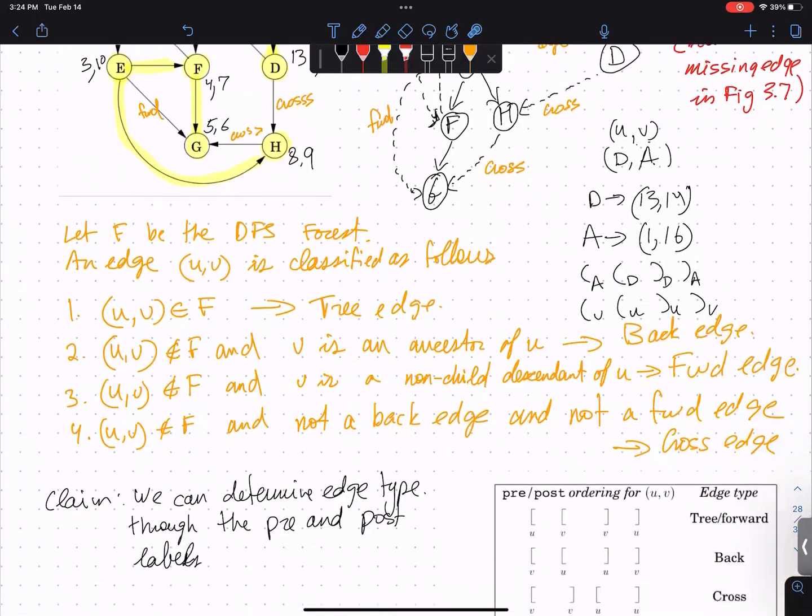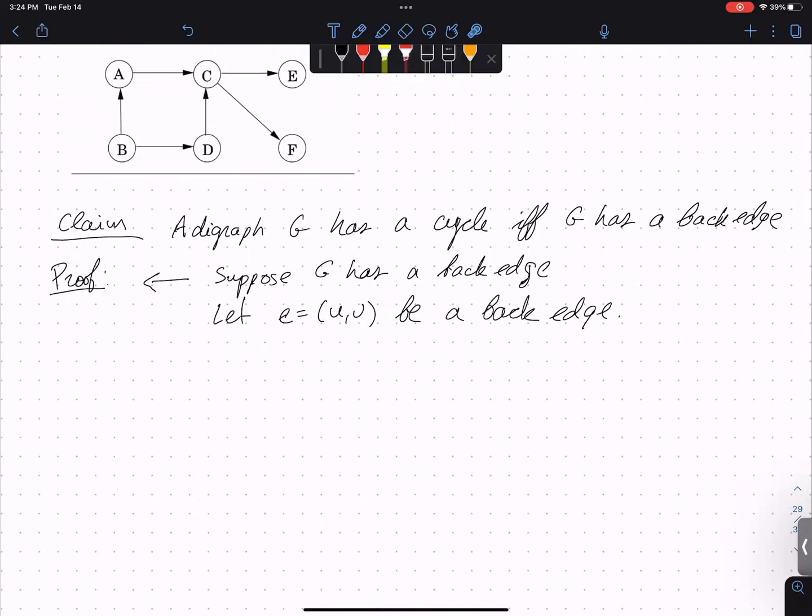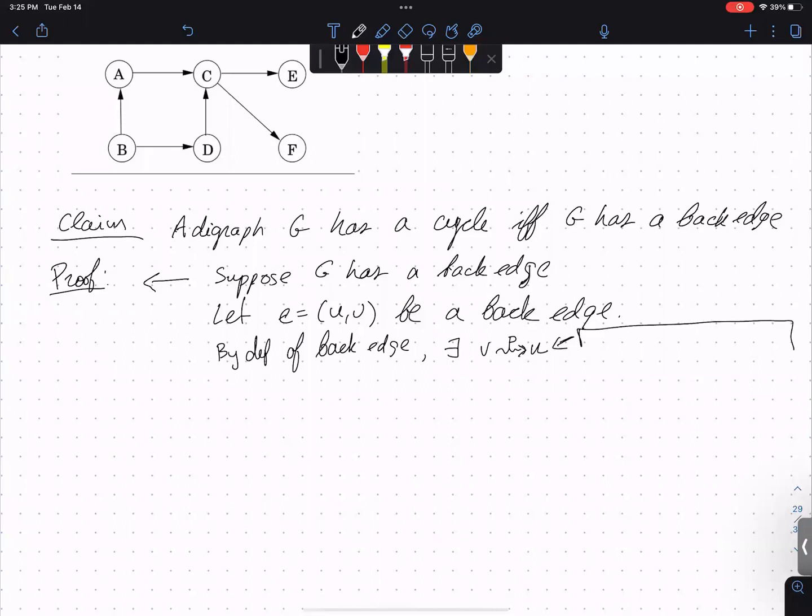There's really nothing more to that than just writing it down: by definition of back edge, there exists a path from V to U, which we call P. This is a new notation that we'll be using later.